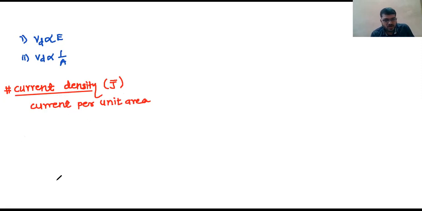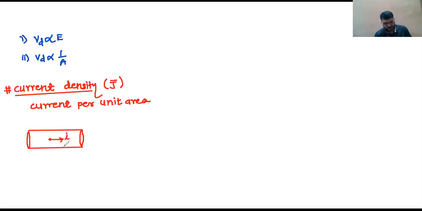So let me draw one small diagram for your understanding. Let us suppose we have a small conductor, and I am taking its cross-sectional area through which these electrons are flowing. This is your current direction.